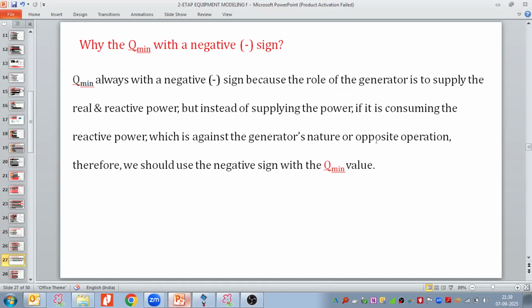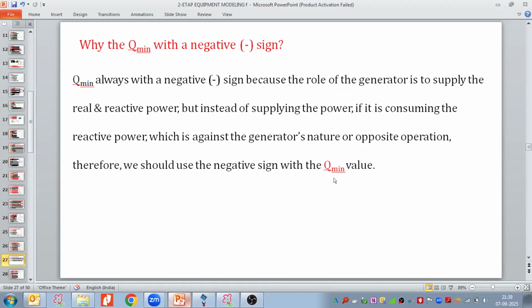Therefore, we should use the negative sign with the Q minimum value, right? Am I clear on why? Yes, sir. Because it is the opposite operation.